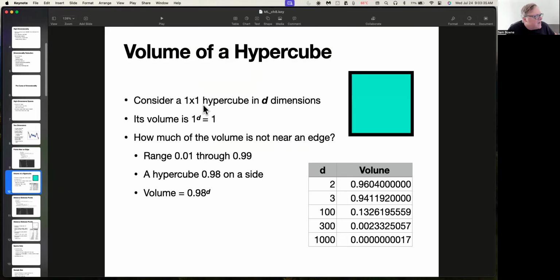If you consider a hypercube here, how much of the volume is not near an edge? It turns out, for low dimensions, most of the volume is in the middle, but for high numbers of dimensions, almost none of the volume is in the middle. Almost all the volume is on one edge or another, and that's the problem. So if you're trying to get data to trace this out, you'll never make it.